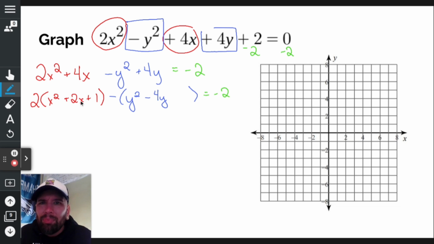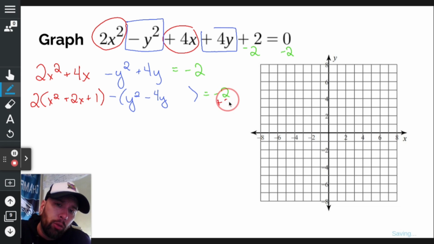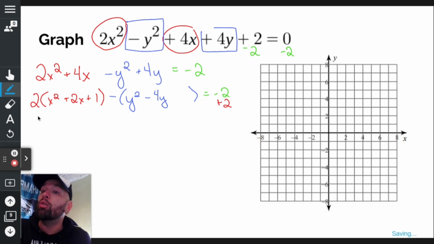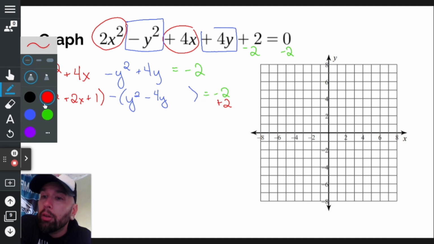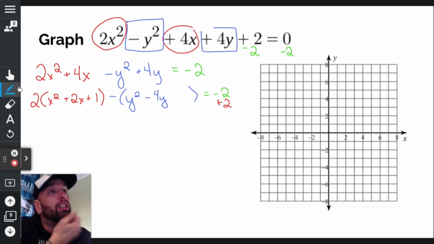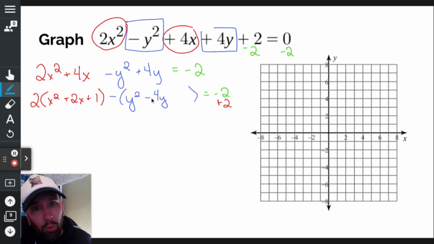If I were to multiply this out, I just added 2 to the left. I can't do that. I can't just add a number to one side. You're right. I can't just add 2 to the left unless I add it to the right as well. So if I add 2 to the left and add 2 to the right, everything is balanced. Everything is fair. So if you're wondering, are you going to do the same thing with the blue guy? I sure am. Take half of 4, which is negative 2.